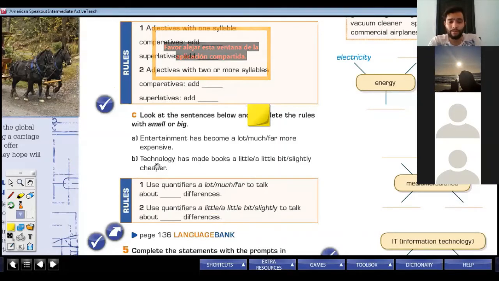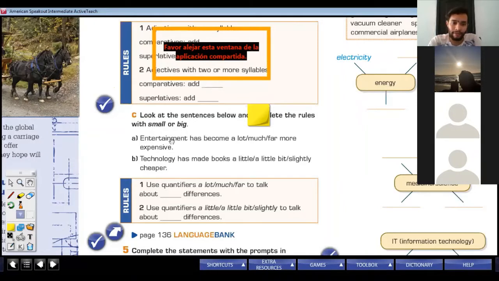But you need to put down here either small or big. But let's first read the sentences here. A, entertainment has become a lot, much, or far more expensive. And technology has made books a little bit or slightly cheaper.